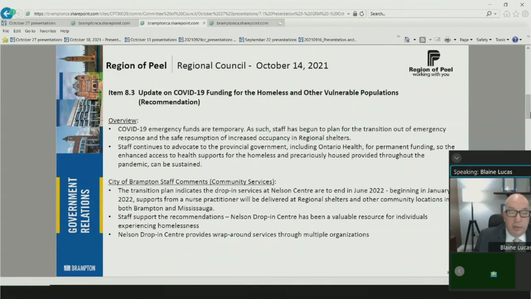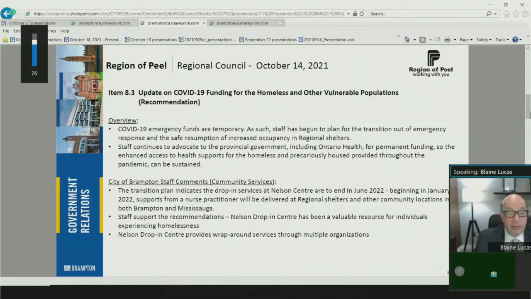The transitional plan includes the reference to the Nelson Center in downtown Brampton to close at the end of December of 2021, and beginning in January of 2022, supports from a nurse practitioner will be delivered at regional shelters and other community locations in both Brampton and Mississauga until the end of June 2022.